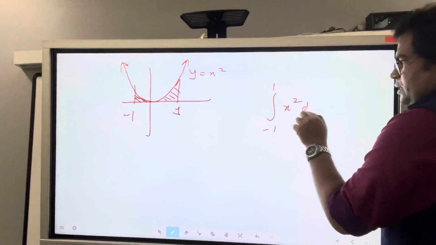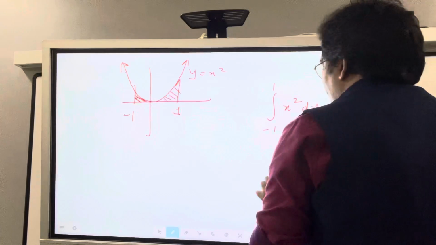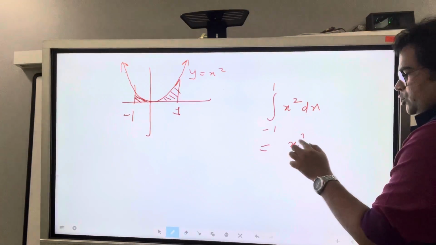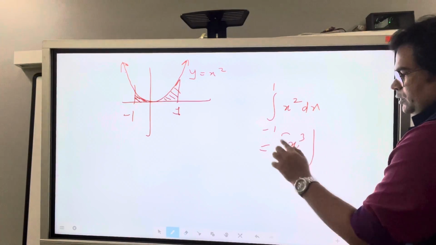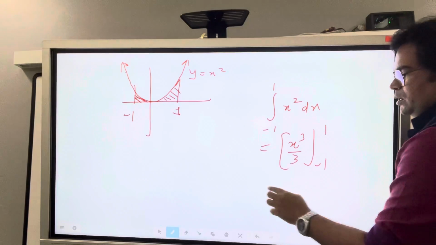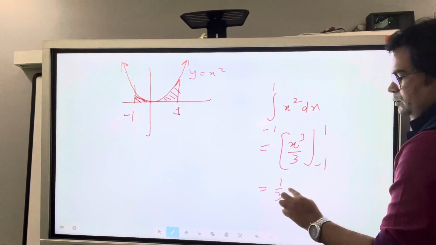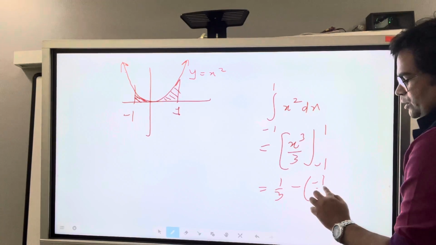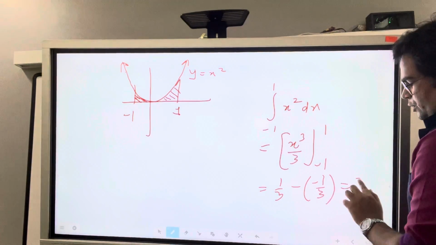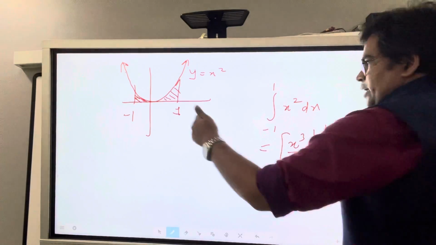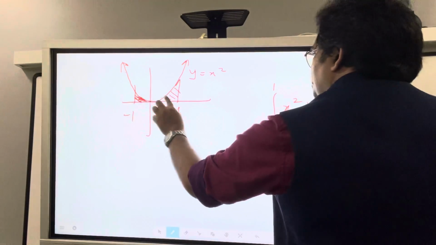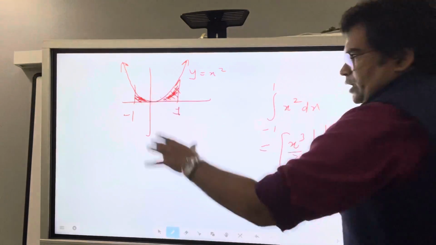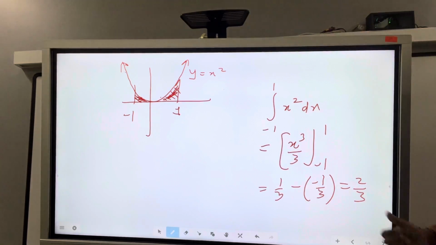This is going to be the area that I'm looking for. So this is going to be x cubed over 3. Put the limits negative 1 and 1. This is going to be 1/3 minus minus 1/3, which is 2/3. So this area is overall basically 2/3. So if I find the area bounded by the graph and the curve, that is the answer.